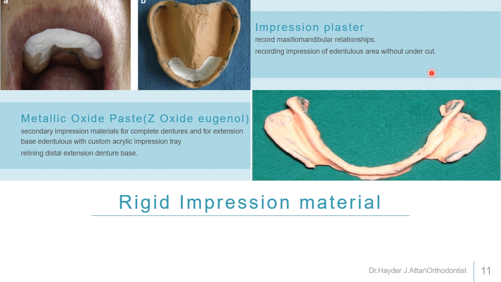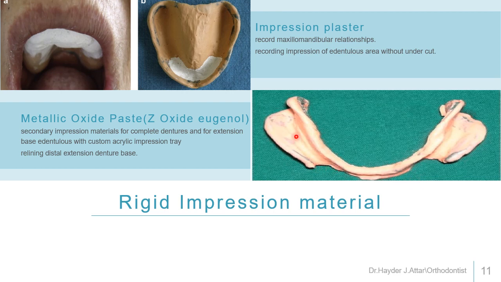The other type of rigid impression material is zinc oxide eugenol, or metallic oxide based material, mostly used in the secondary impression or functional impression of the free saddle area, as in this picture. It records the free saddle area, but cannot be used on the teeth because it is difficult to remove from the patient's mouth.